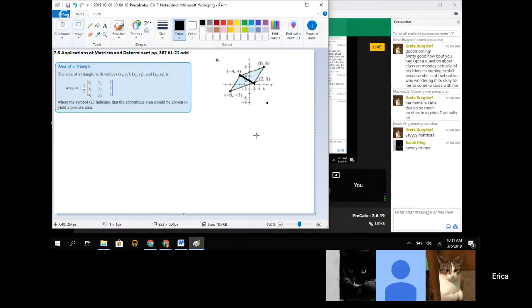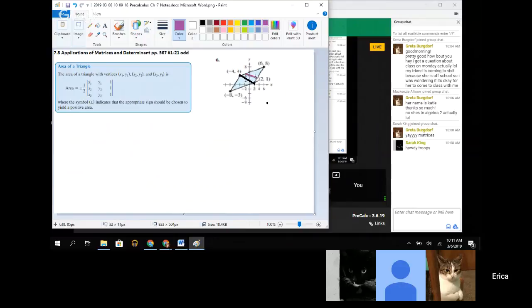So now we can use this handy dandy area of a triangle formula and find the area of one of the triangles and add it to the area of the other triangle. We could also, if we're skeptical, find the area of each and add them together. So that might not be bad practice either.